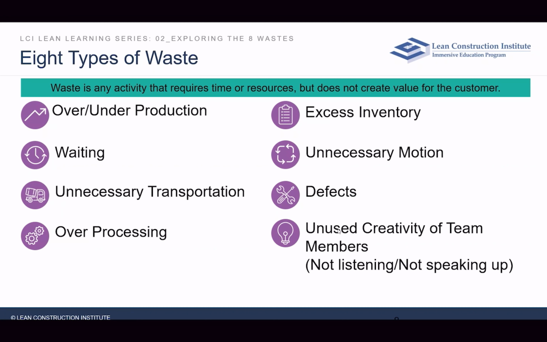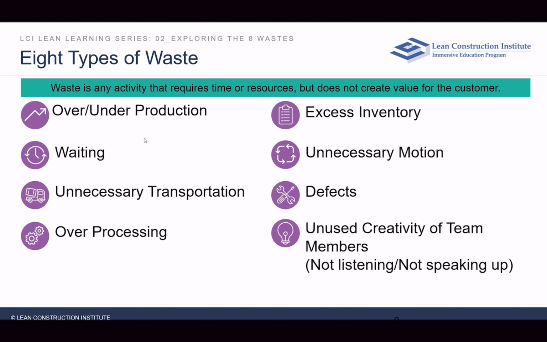You'll see them categorized in different ways on different publications. You can actually create an acronym called DOWNTIME, which takes the first letter of each one of these words or a subset of these words. But I think the important thing is we'll start to dig into each one of these, and the order that LCI puts them in this presentation is really around the idea of how they can join together.